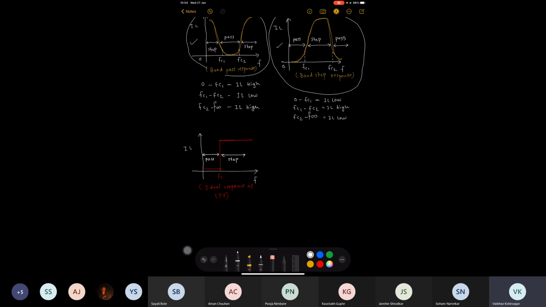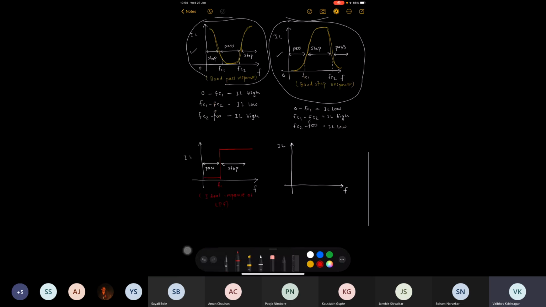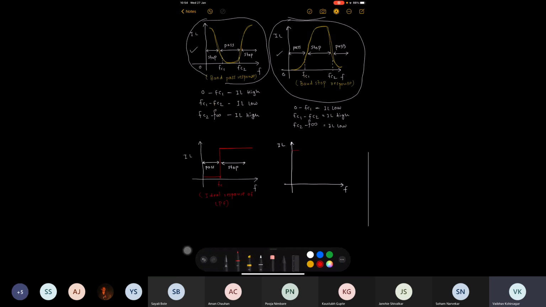Similarly, when we plot the high pass frequency response, frequency versus insertion loss, how should we ideally get the response opposite to this? You should get a stop band initially, then a sharp cutoff, and then the pass band response. Here you get frequency FC.